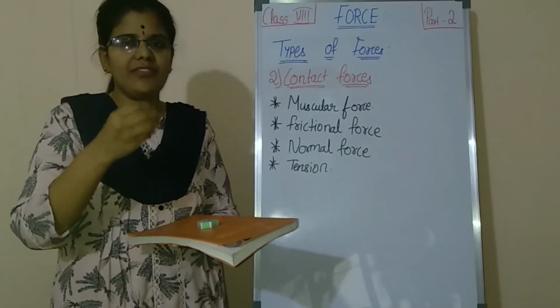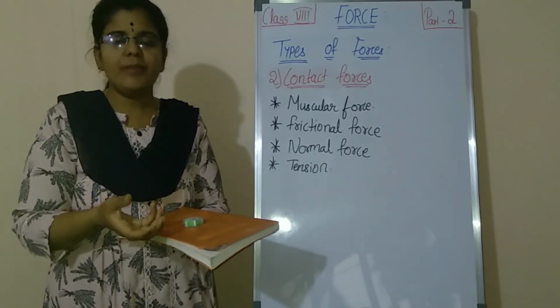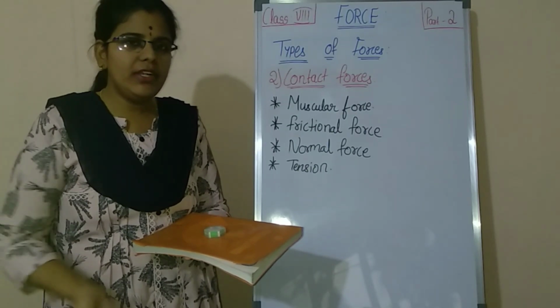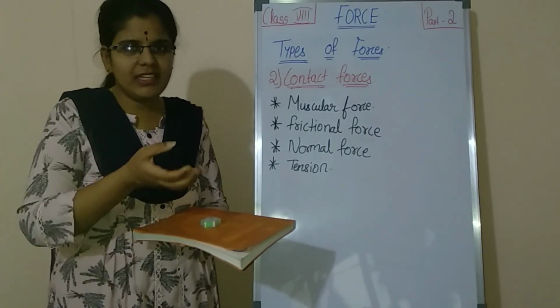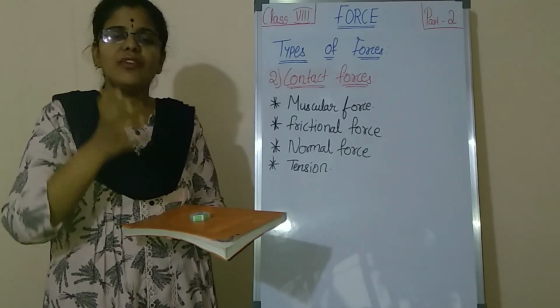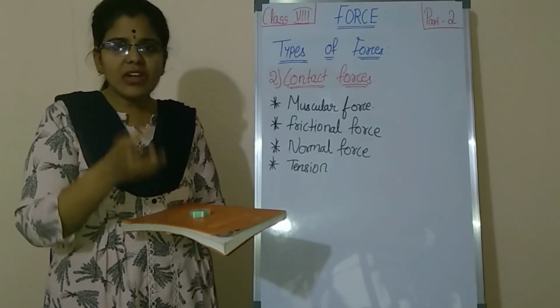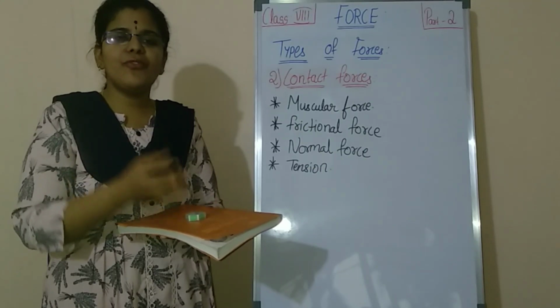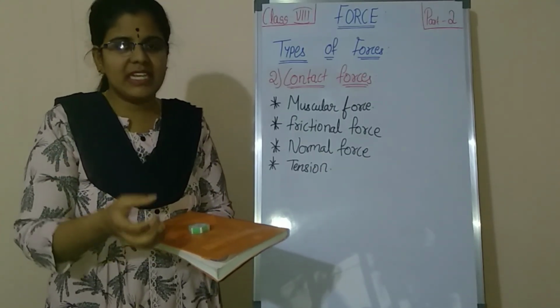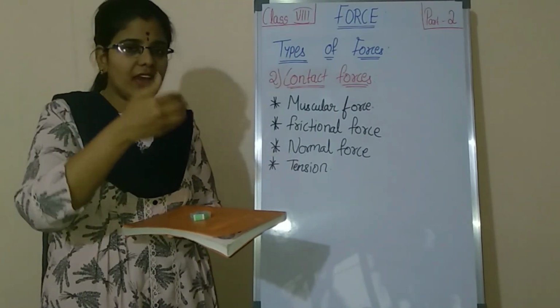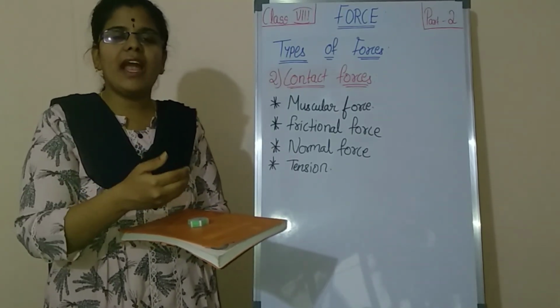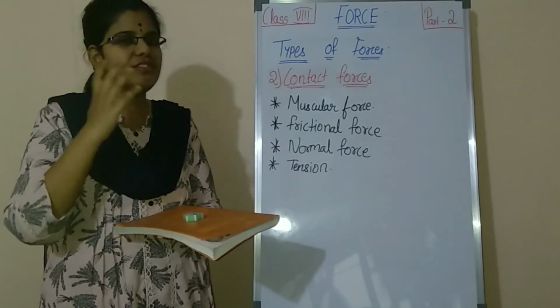In other words, if we give any other example, you take a ball and roll it on the ground. What happens? After moving a certain distance, it stops. So why is it stopping? Because the frictional force is acting on that object, that is the ball, and it is stopping.